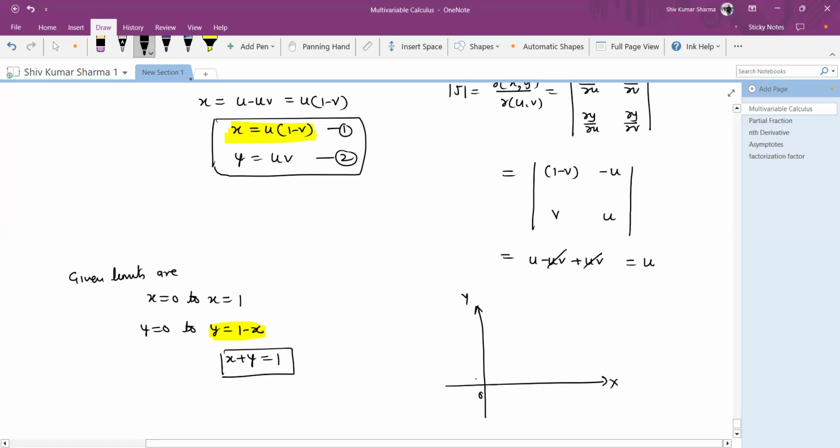We see that x equal to 0 means the y-axis, and y equal to 0 is the x-axis. Then x equal to 1, so here we take 1, and we draw x equal to 1.